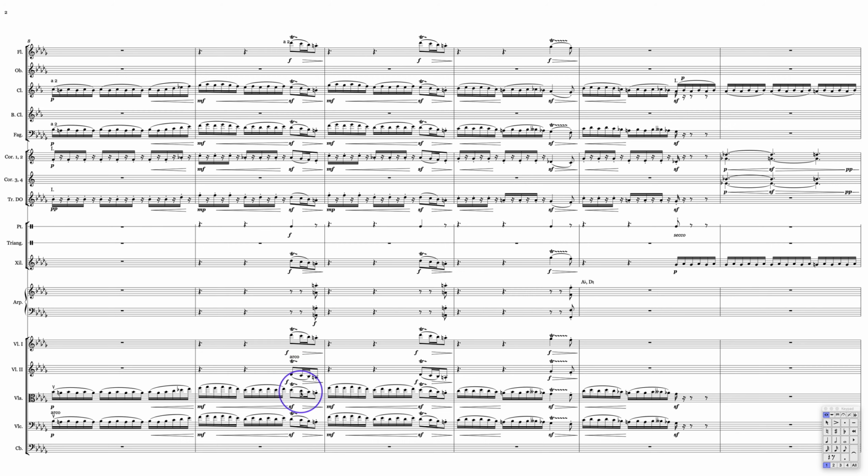And then the strings coming in here. Very neat that the seconds are doubling the cellos rather than the violas. That's very cool, because you've got enough weight on that middle voice already, right? With the clarinet right in here and the trumpet and so on. And then we just have a little bit of A2 flute on top.